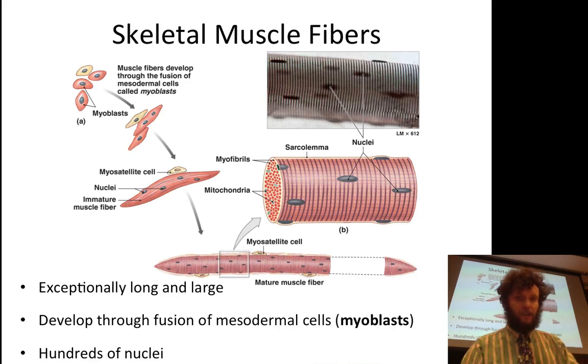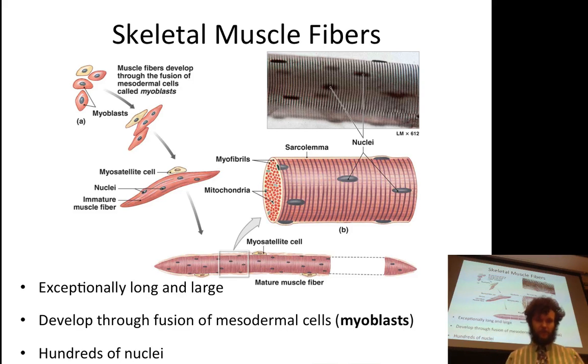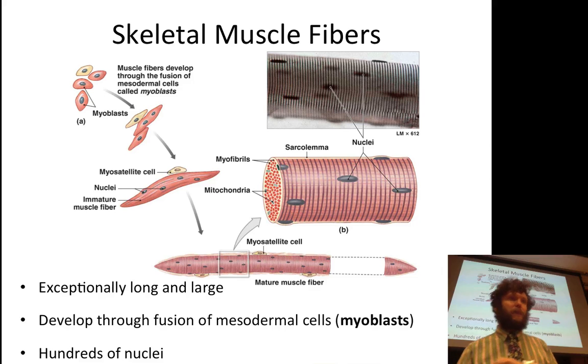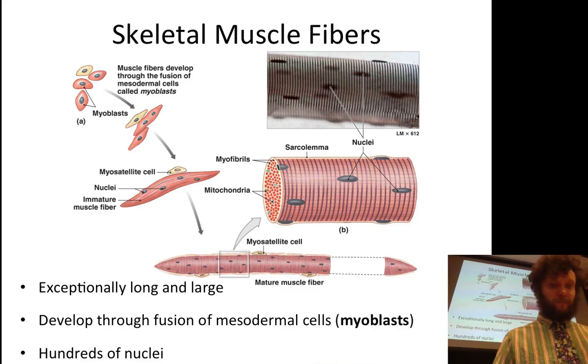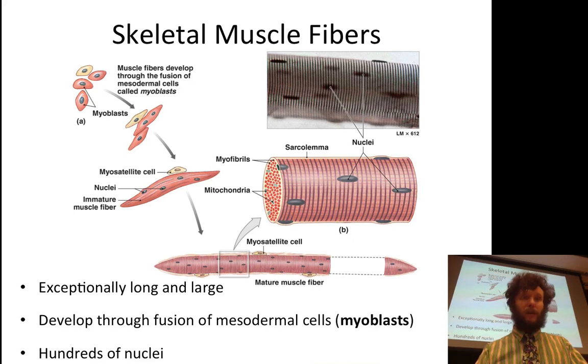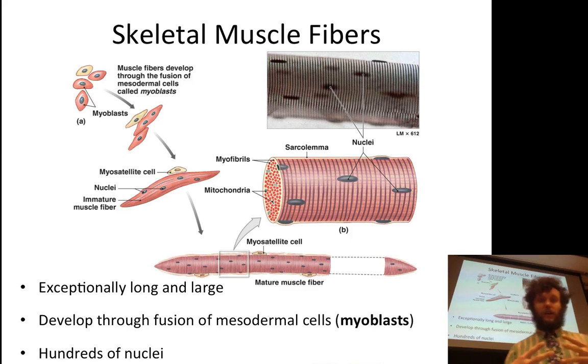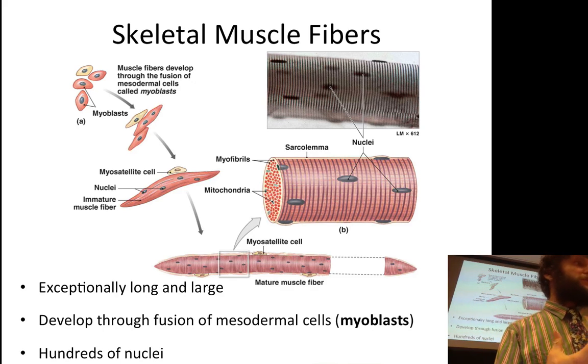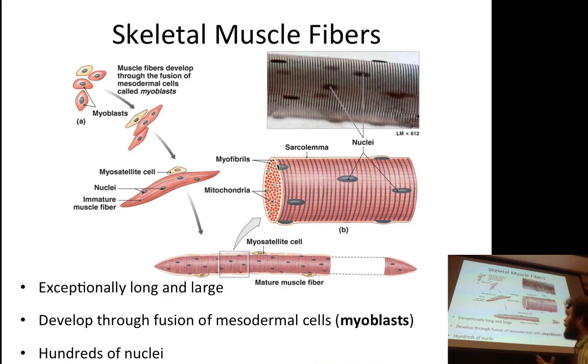All right, skeletal muscle fibers, the individual muscle cells, are enormous. Some of them can be up to many centimeters long, and they develop through the fusion of many myoblasts, or muscle stem cells. And that's how they end up being multinucleate.